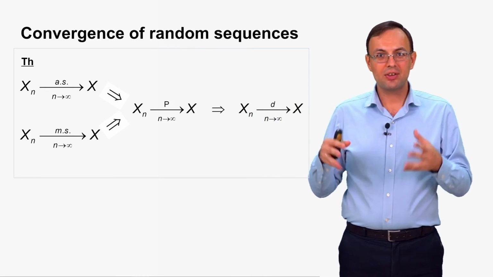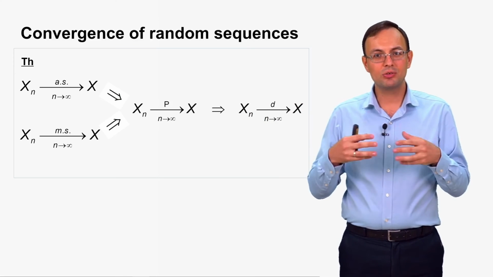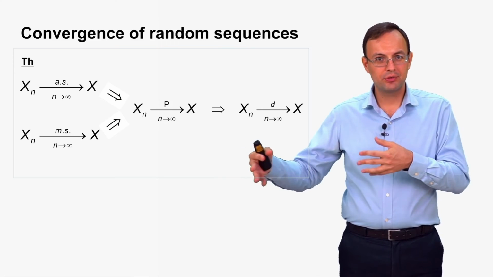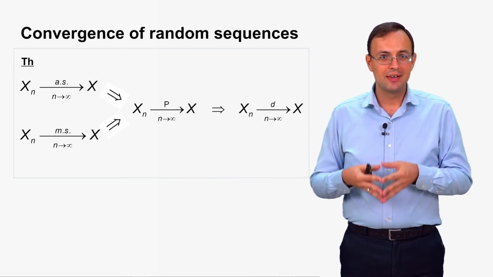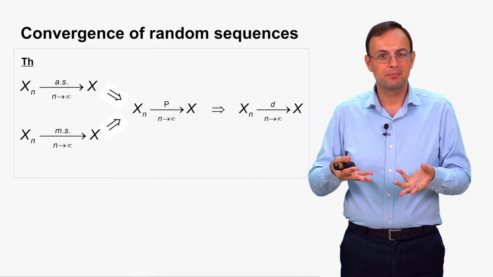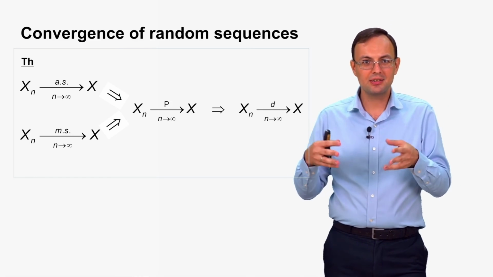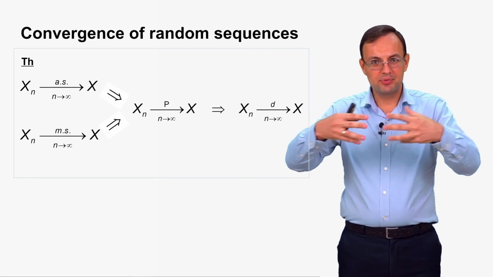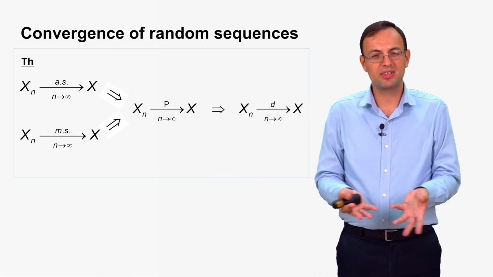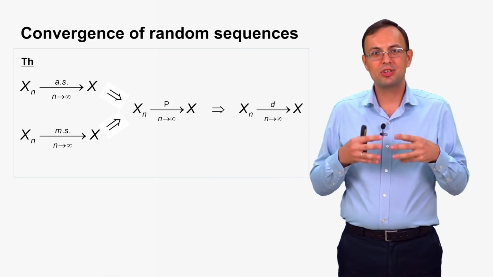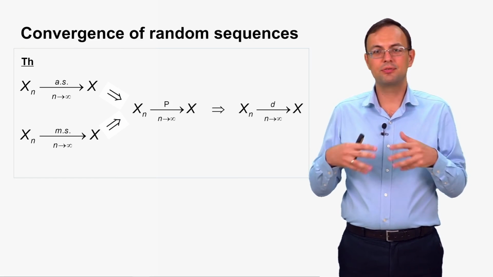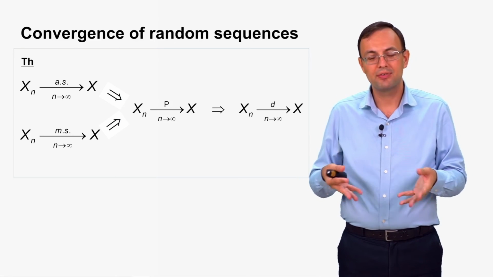You see that there is a convergence, but you cannot tell of which type. They look just the same. You can only understand that there is a convergence, and you cannot tell which type you have.